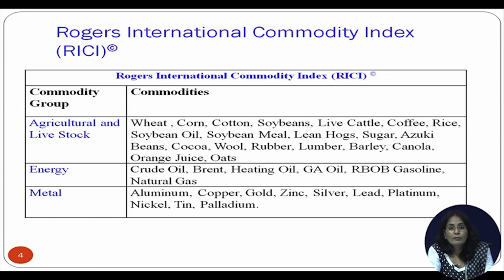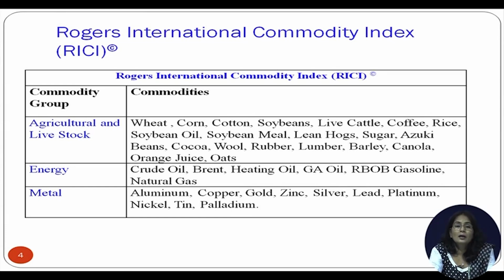The Rogers International Commodity Index is maintained by an individual called Jim Rogers, a very interesting personality with a tremendous amount of experience in commodity trading. If you are interested to know more about Jim Rogers, you can go to YouTube and see some of his views on where commodity prices are going to go. It is a very interesting way of analyzing the fundamentals of a particular commodity.